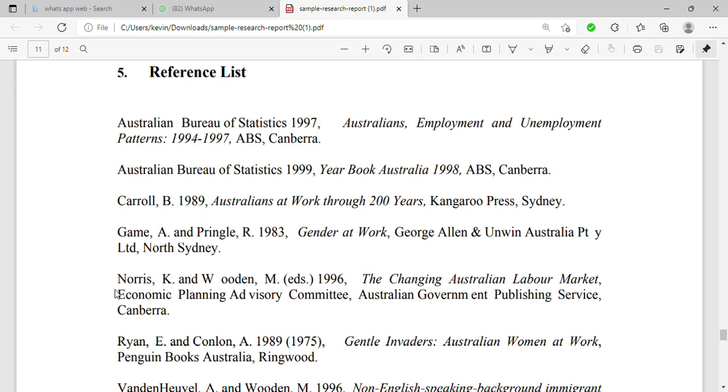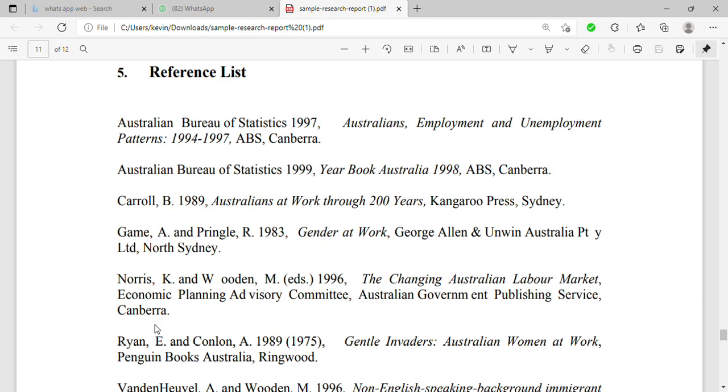Now this one, the name of the author, Game A and Pringle R, the date 1983, the title of the book, Gender at Work, the publisher, George Allen and Unwin Australia, Pty Limited. Then the place of publication is North Sydney. That is how we write our references.